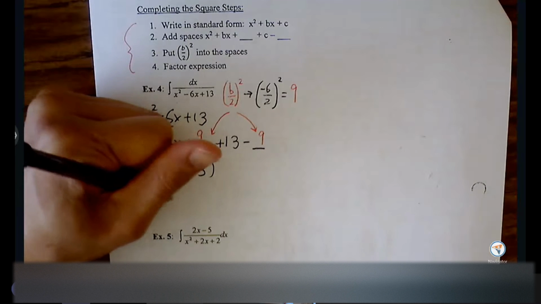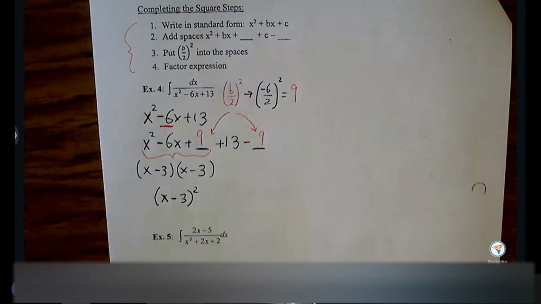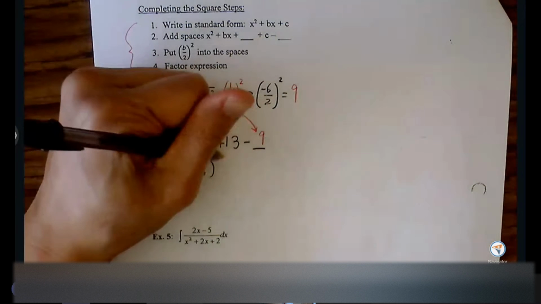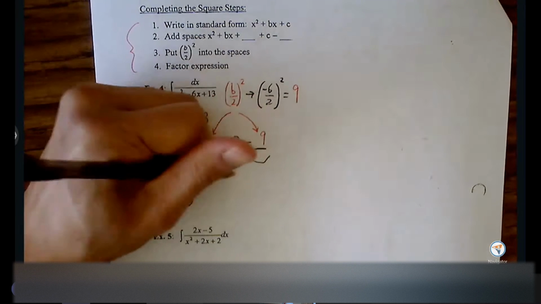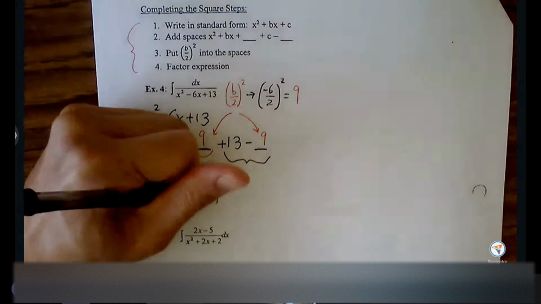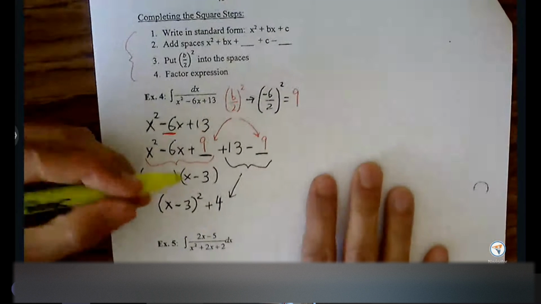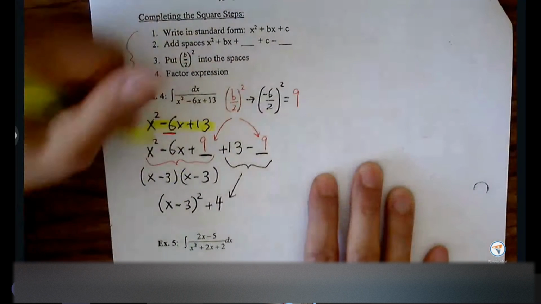We want that u value to show us parentheses squared. And then the 13 minus 9 combines to be what? Plus 4. Now, take a look at this. We started here, and now we're here.